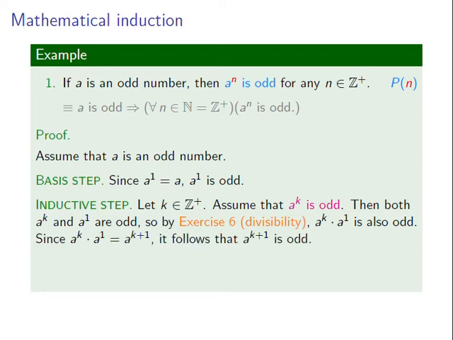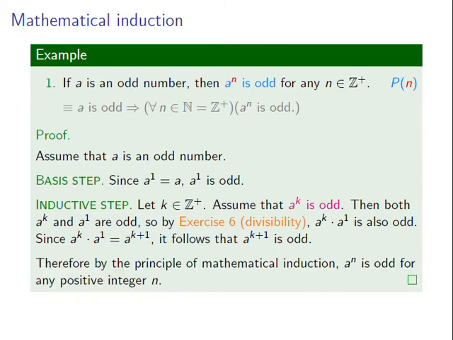Since a raised to k times a raised to 1 is equal to a raised to k plus 1, it follows that a raised to k plus 1 is odd. This completes the inductive step. Therefore, by the principle of mathematical induction, a raised to n is odd for any positive integer n. This completes the proof.